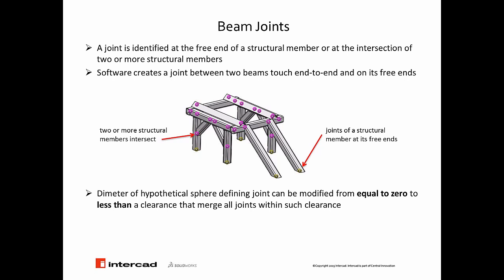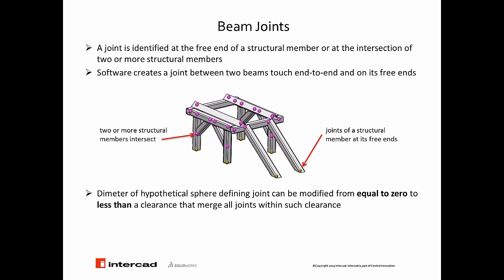The procedure of such detection is, first of all, automatic, but you have control over it. It means the joints are by default created on a touching face. There is a hypothetical sphere; we look at the intersection of the different components and create a joint there.